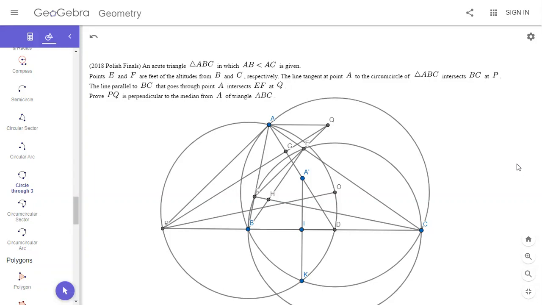I think there's also another solution using projective geometry that's a little bit longer. But I'm sure there's a way to do it with Humpty points, like the way that Timo's mentioning.